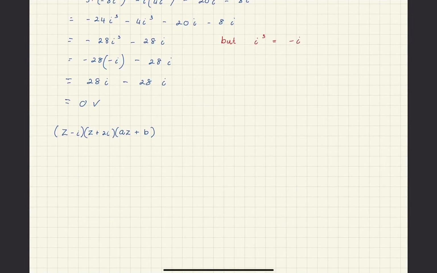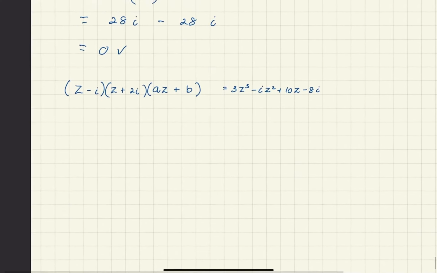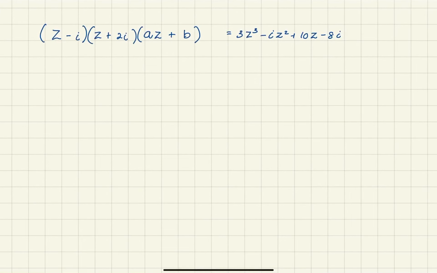So that must equal p of z. So that's got to equal that. Alright, and this is where we use a little bit of intuition, and we think back to FOIL. If we were to multiply these three brackets out, you would do the first times the first, and this is pretty cool.